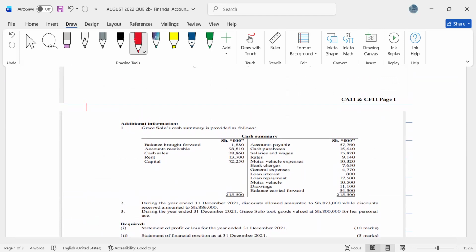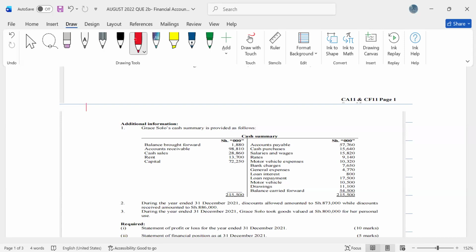So that automatically tells you that there were also credit purchases. When you are selling goods to me, there's some amount that I gave you in cash, but there's an amount that I'm still owing you. That is what we call credit purchases. You've just given me goods, but I'll pay you later.